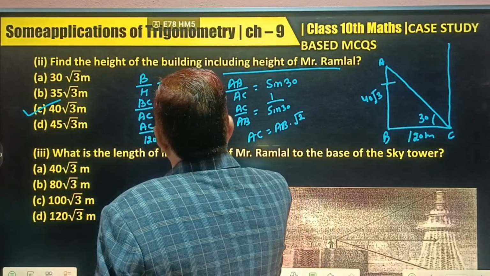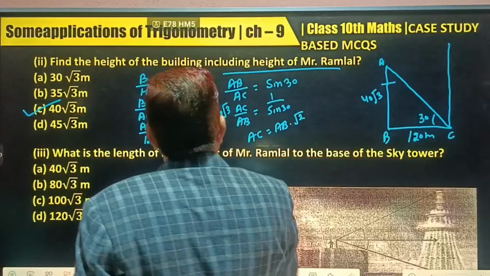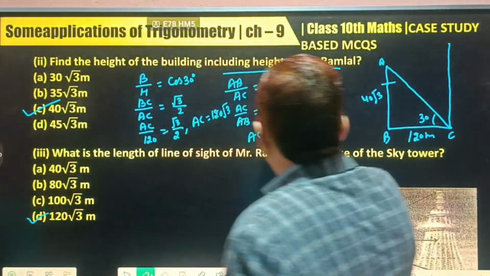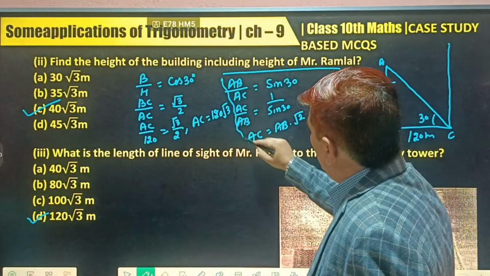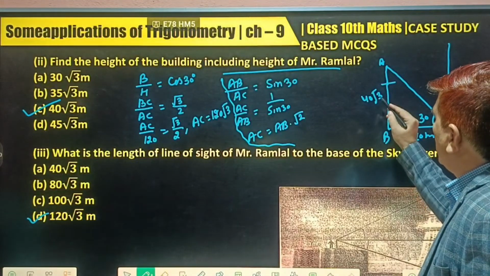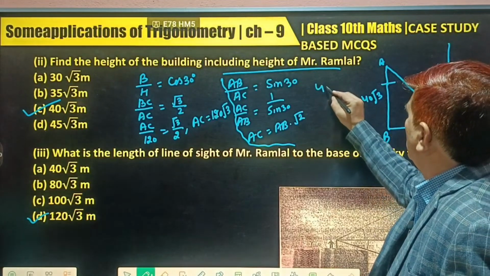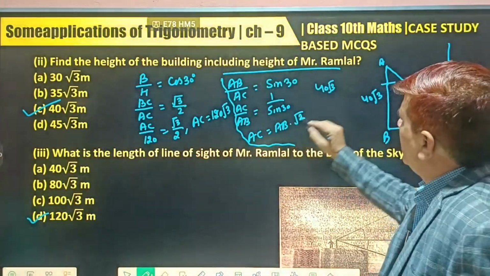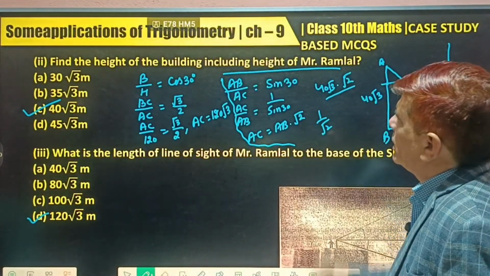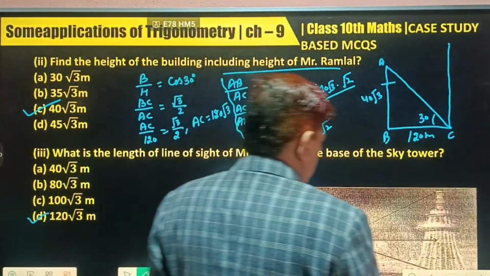So AC equals 120 under root 3 in this form given. This is your answer. You can find it by this method also. This is actually 40 under root 3, so 40 under root 3 is AB into under root 2. Why under root 2? 1 by under root 2 is the value of this. So what's your answer? D is your answer.